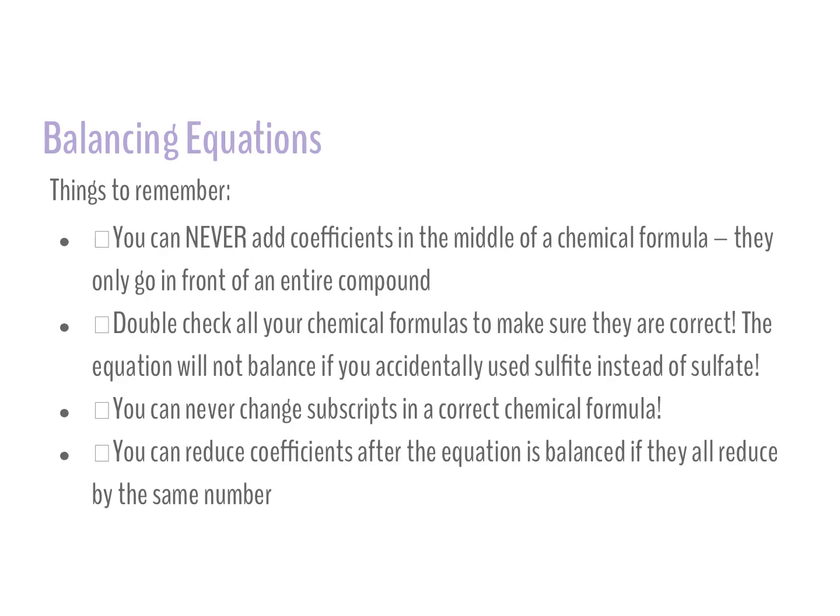Okay, so a couple things that we have to attend to here. We never add coefficients in the middle of a chemical formula. So if I have KNO3 and I know I need 2 nitrates, I can't just put a 2 right there, right? That doesn't work.